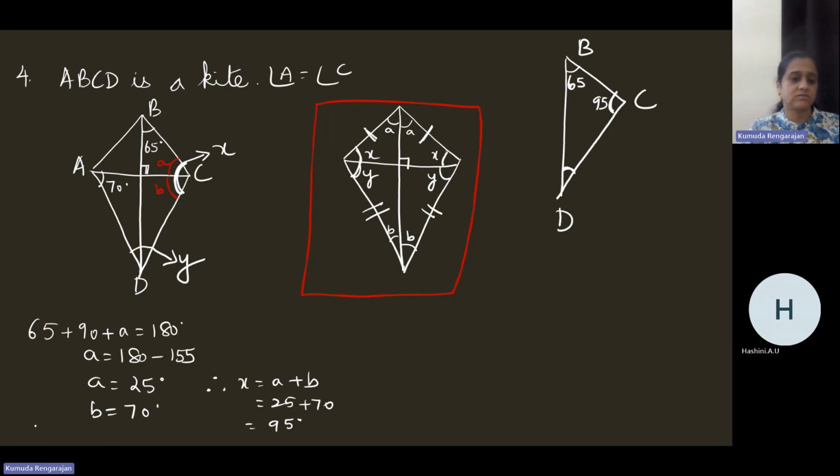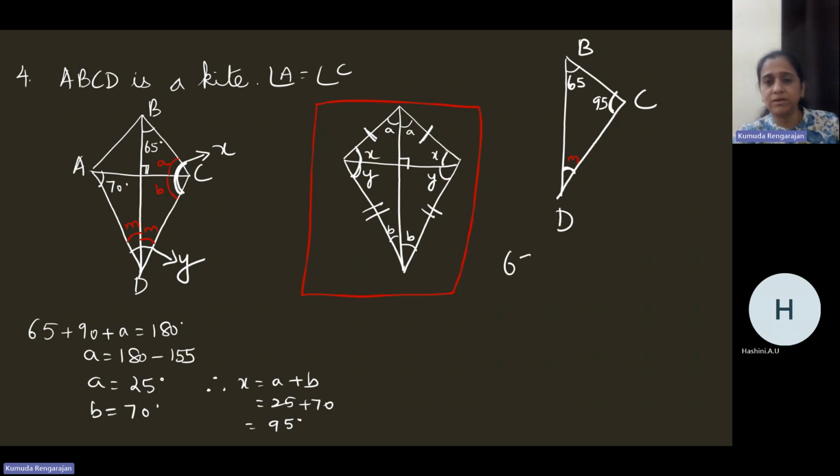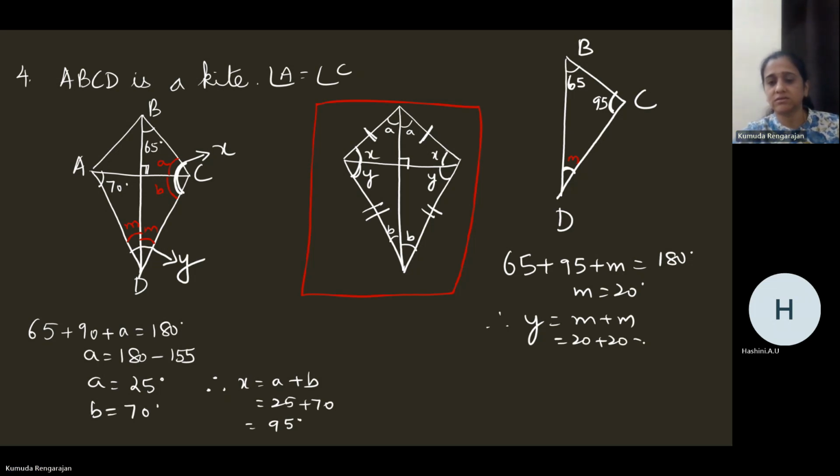I'll mark this as M. Both are equal. So 65 plus 95 plus M is equal to 180. 65 plus 95 is 160, so M is equal to 20. Therefore Y is equal to M plus M, twice M: 20 plus 20, 40 degrees.